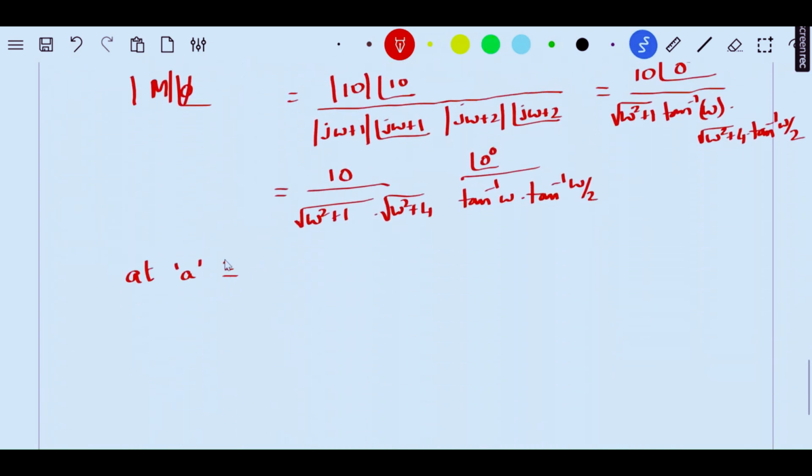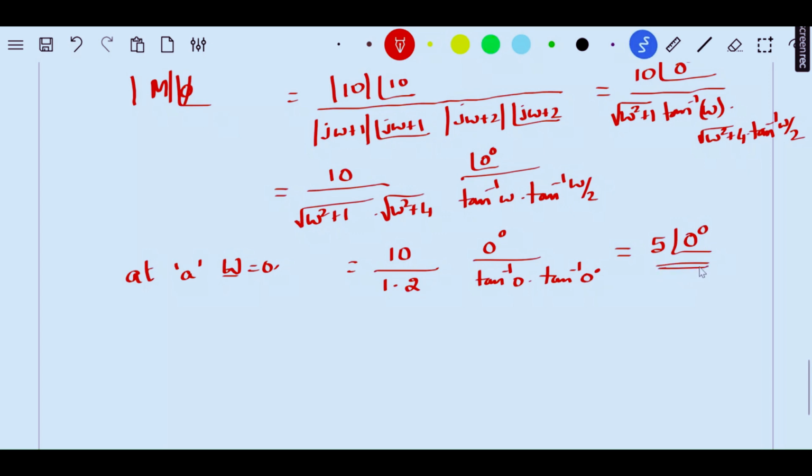Therefore, the magnitude will be equal to 10 divided by 0 square plus 1 is 1, 0 square plus 4 is root 4, which is 2, into 0 degree divided by tan inverse of 0 into tan inverse of 0. This will give me a magnitude of 5 at an angle of 0 degree. So this is at point A.